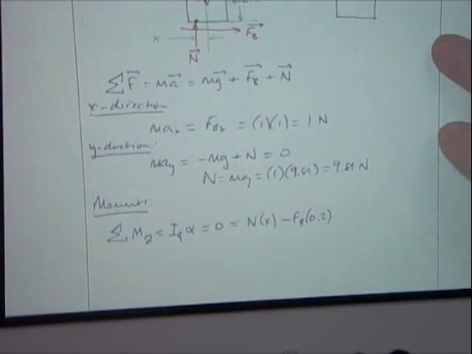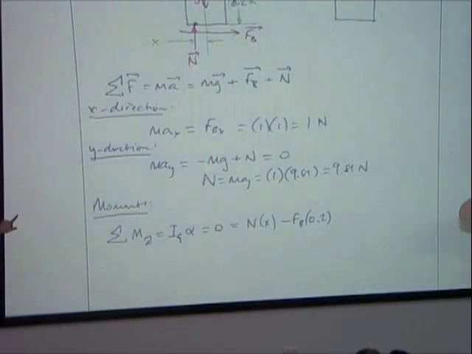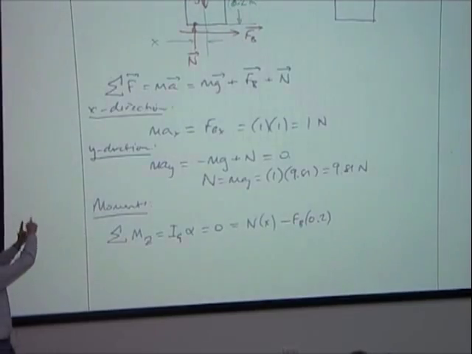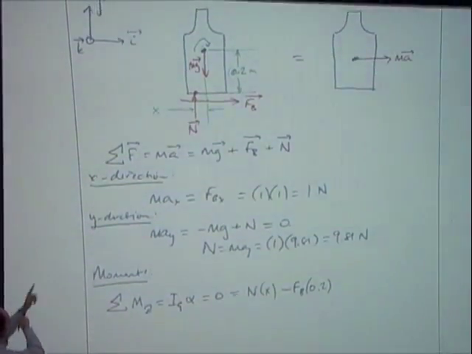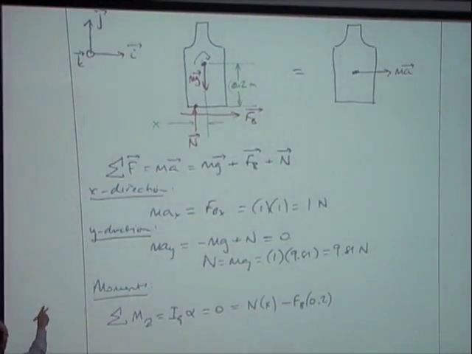And so for the moments, you see we've got x times N, okay? Because if you move N up to next to where the centre of mass is, obviously that's going to be the distance x away. And the same with the force of the belt, that's going to be 0.2 meters, because you're applying moments. Moments is force times distance.